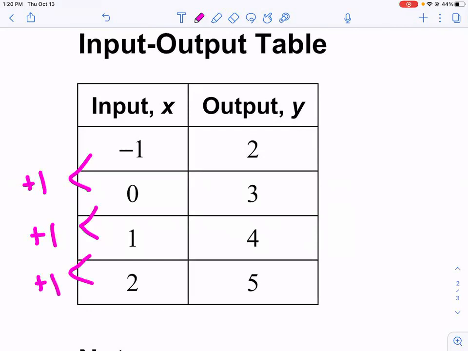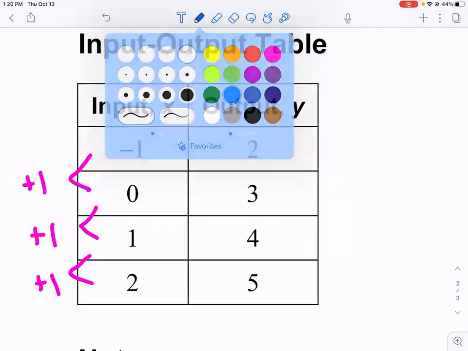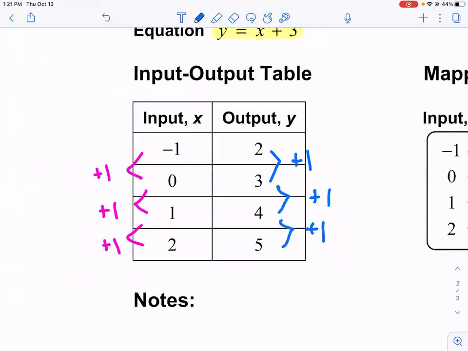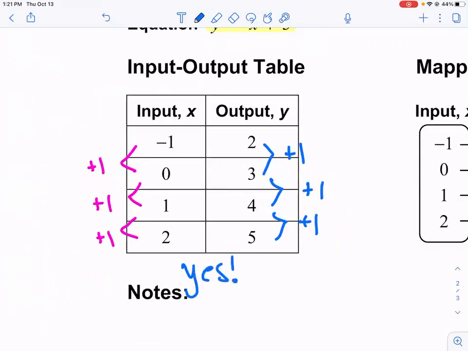Now, our y's need to also be changing consistently, but they don't have to be the same as the x's. They just need to be changing at a rate that is constant. It turns out we have the same rate, but from 2 to 3, we go up 1. From 3 to 4, we go up 1. And from 4 to 5, we go up 1. So yes, this is a linear function.